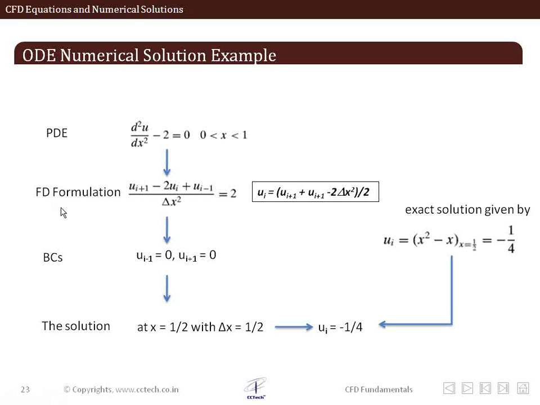In this case, we have the values at u i plus 1 and u i minus 1, which are the boundary conditions, and we have only one value in between, that is at x equal to half. Now that's the difference between an exact solution and a numerical solution. Using numerical schemes, you get values only at specific locations.